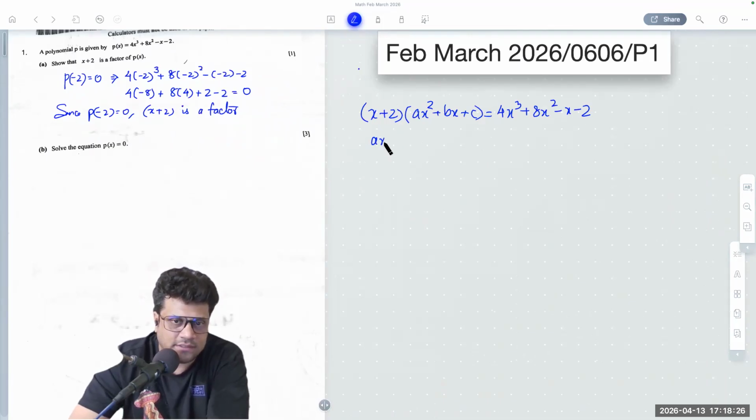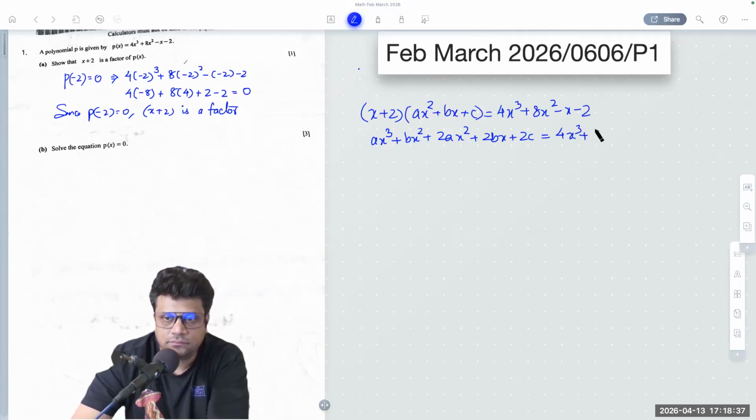And that means it's ax cubed plus bx squared plus 2ax squared plus 2bx plus 2c equals the cubic there. I will club together the x squared terms.